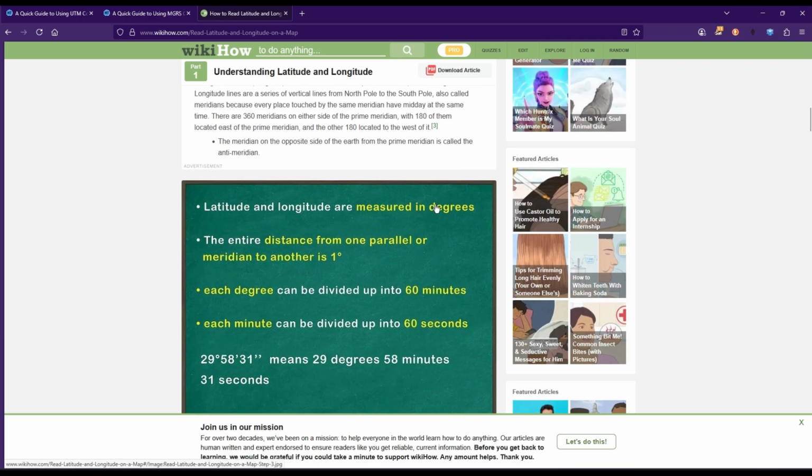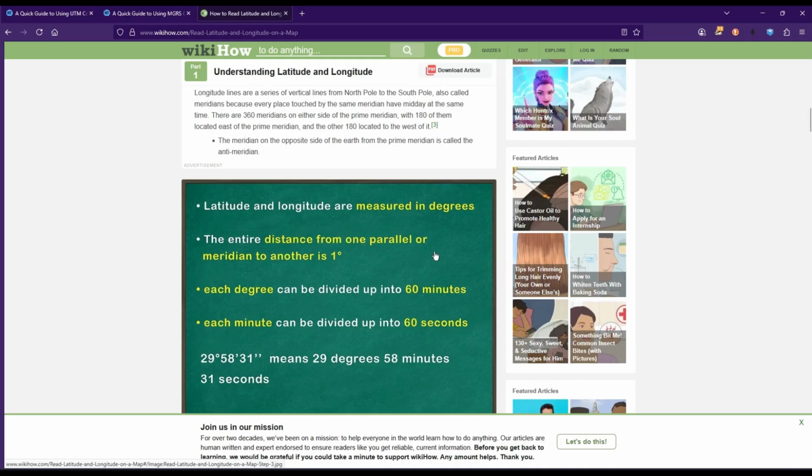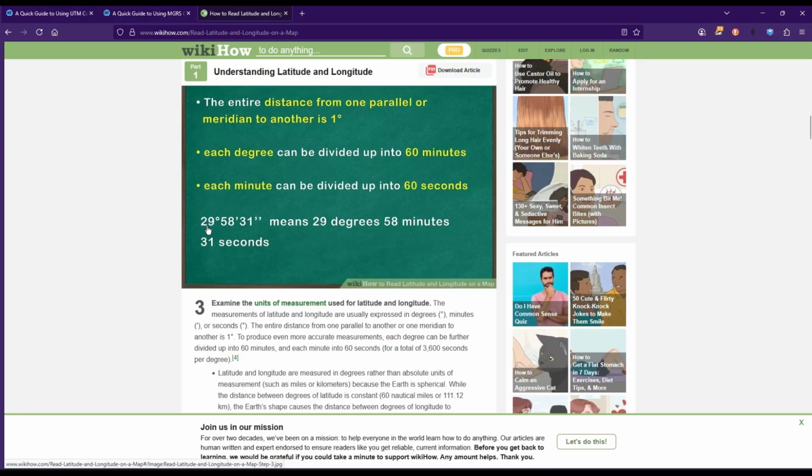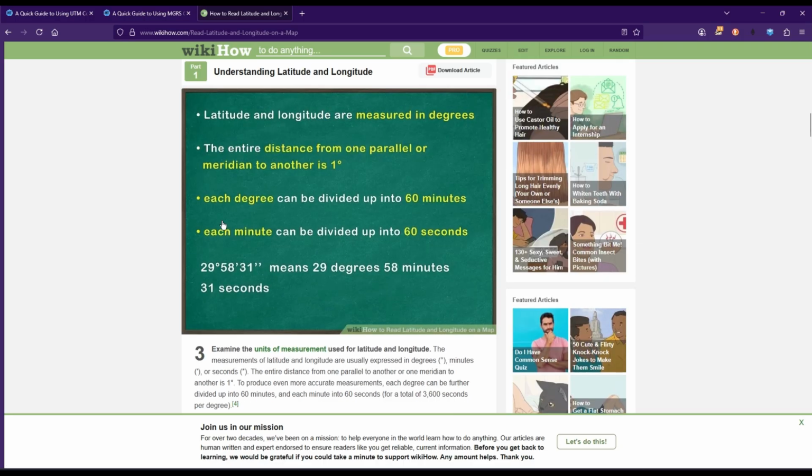They're measured in degrees. The distance from one parallel meridian to another is 1 degree. Each degree can be divided up into 60 minutes. Each minute can be divided up into 60 seconds. So 29 degrees, right? And then to get more fine, we have 58 minutes and 31 seconds. That means 29 degrees, 58 minutes, 31 seconds. You can think of this as like feet, inches, and then fractions of an inch, right?